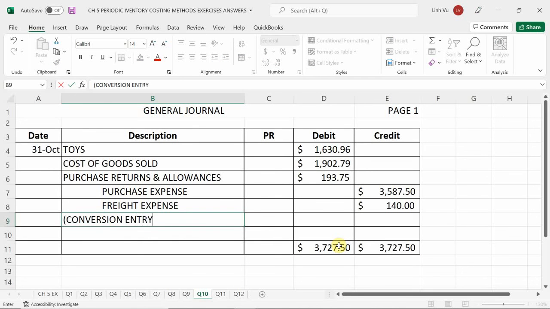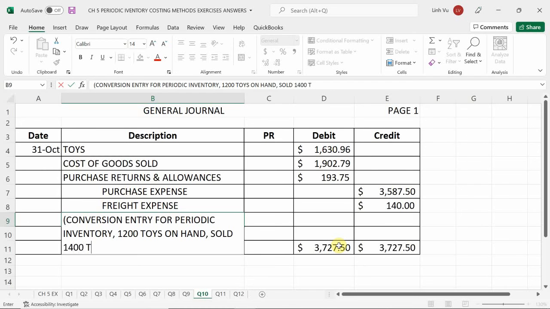So conversion entry, okay, for periodic inventory, right? What do we know? Well, we know that we had 1,200 toys on hand, and we sold 1,400 toys, and we returned 100 toys.